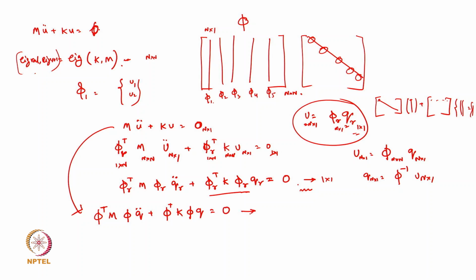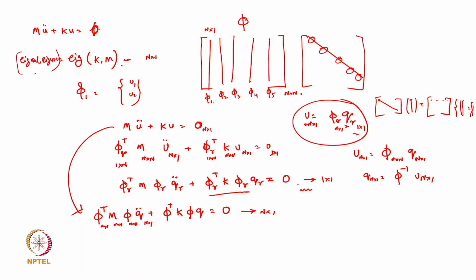This set of equations is n set of equations. If you see, this is n cross n, this is also n cross n, this is again n cross n, and this is n cross 1, so the full thing becomes n cross 1. So phi transpose m phi into q double dot, then phi transpose k phi into q, equal to 0.